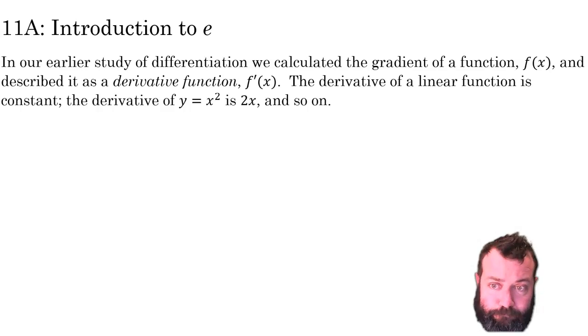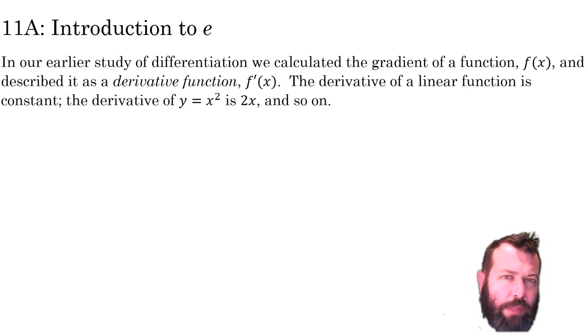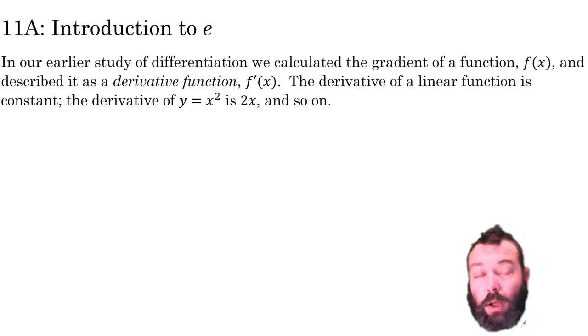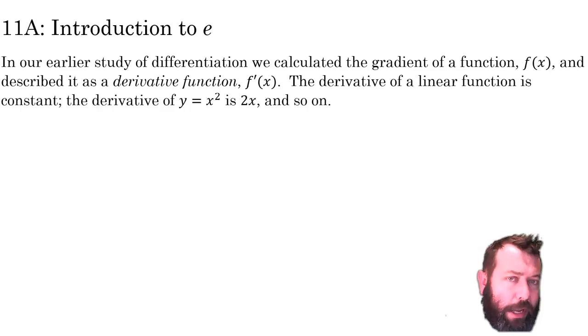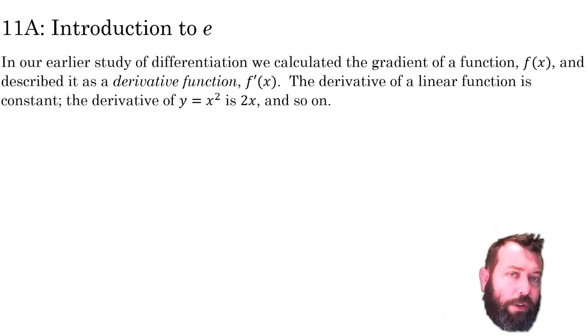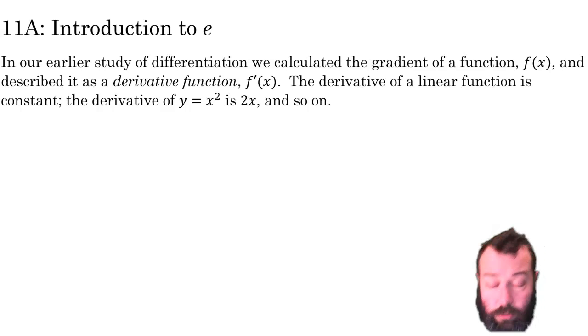Now, if I had a straight line, then that has a constant gradient, so the derivative is a constant, like 2 or 5 or -1. If I had a simple quadratic, like y equals x squared, then the gradient of any tangent to that parabola, at any point, for any value of x, would be 2 lots of x.